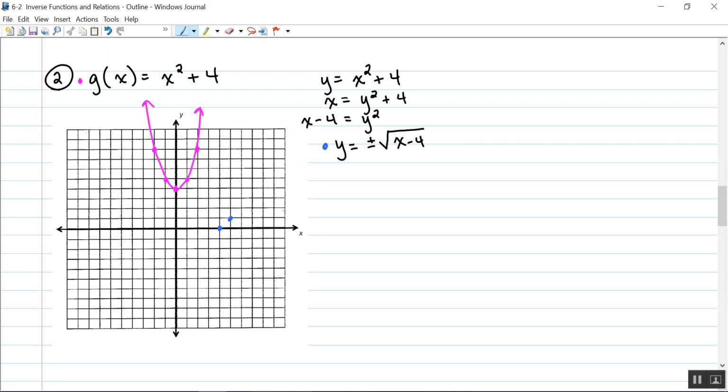That's going to be the square root function that looks like this. That's the above part. And then the part below, because of the negative, you can see clearly that will not pass the vertical line test. So the inverse of the original function is not itself a function. But all they asked us to do in this case was to find the inverse and graph it.